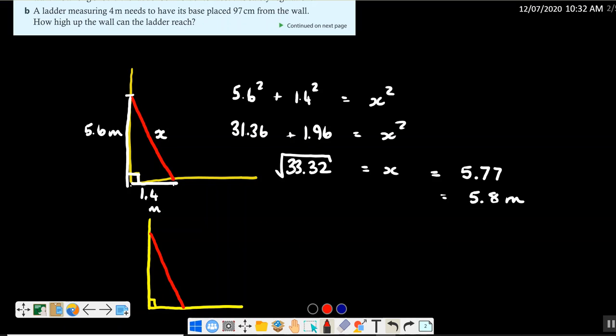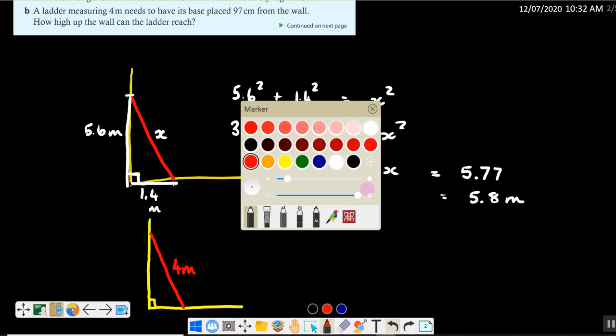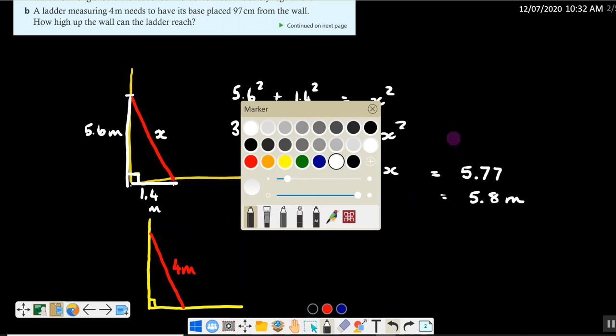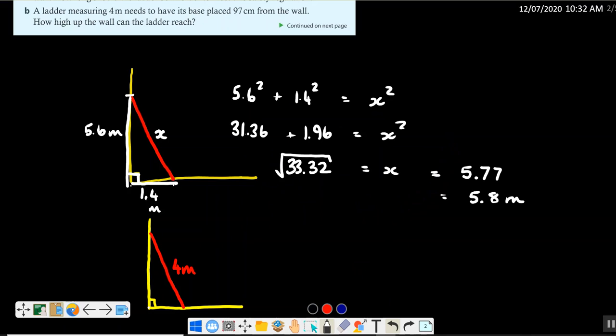But in an assessment, so if we look at this, we're saying the ladder is 4 meters. It needs to have its base 97. Now, how do we write that? I'm just putting the measurement in. Do I put 97?